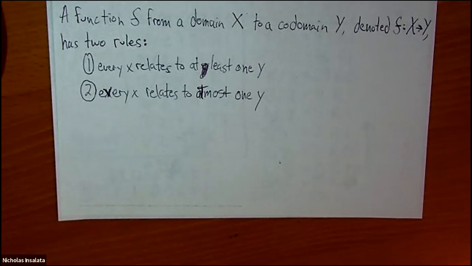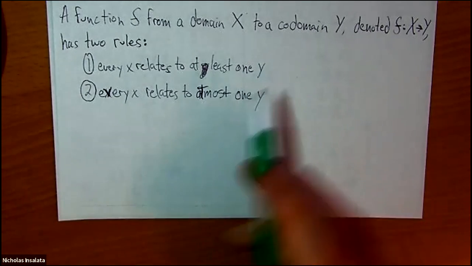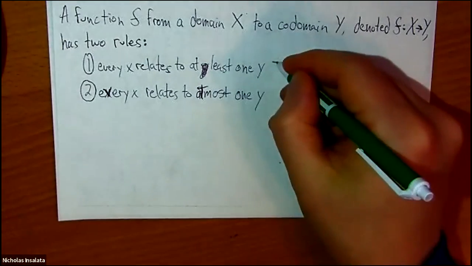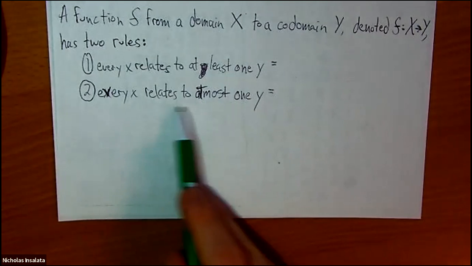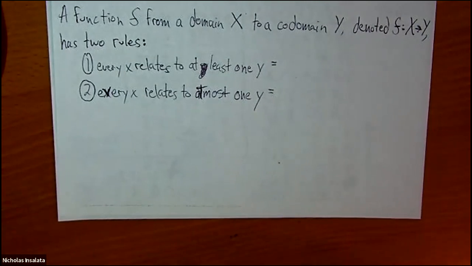Let's translate these into logic. So how would I say every X relates to at least one Y? Any idea how we could do the formal logic for that?